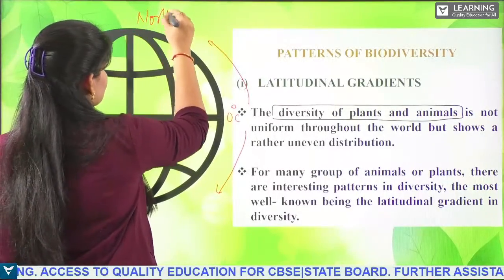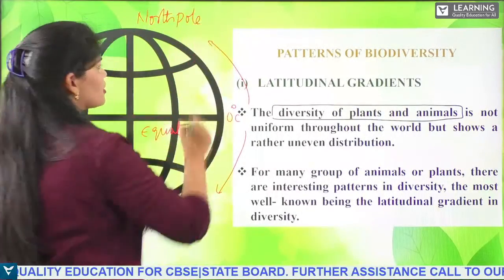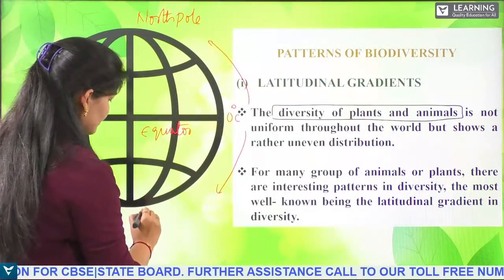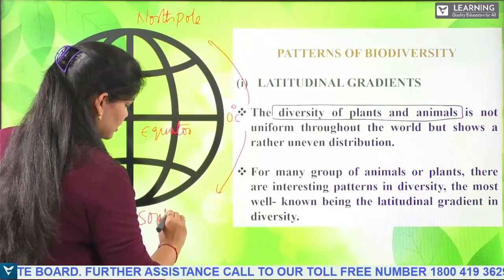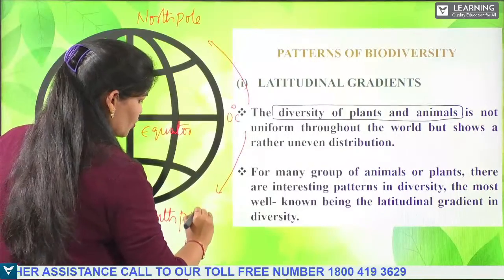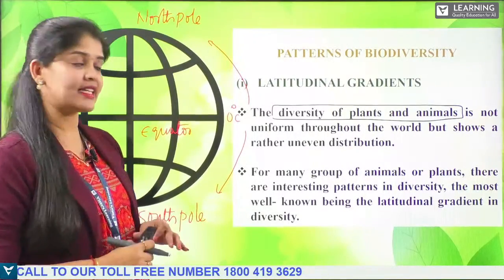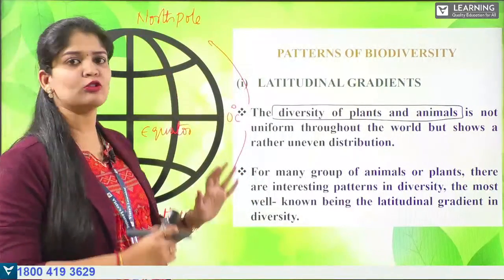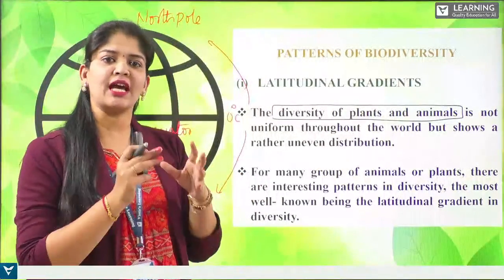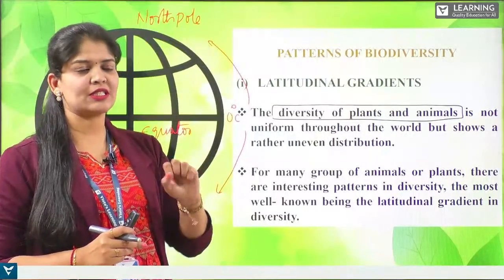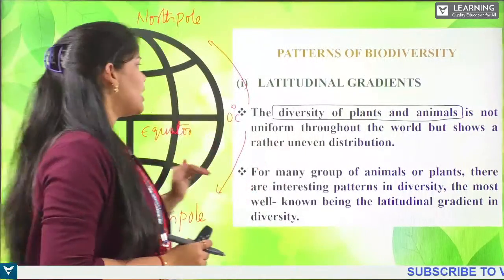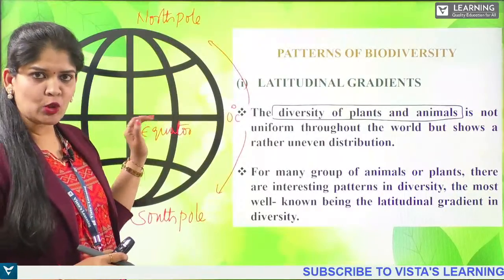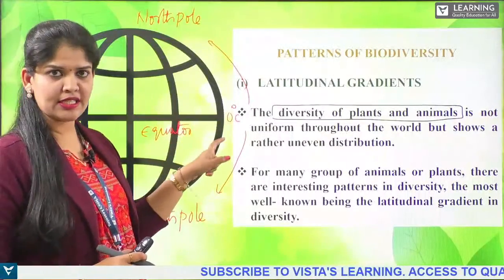Think that this is the North Pole, and the other side is the South Pole. Latitude gives you the North and South positions of a point on the Earth's surface. It is divided by the equator, where we see 0 degrees.